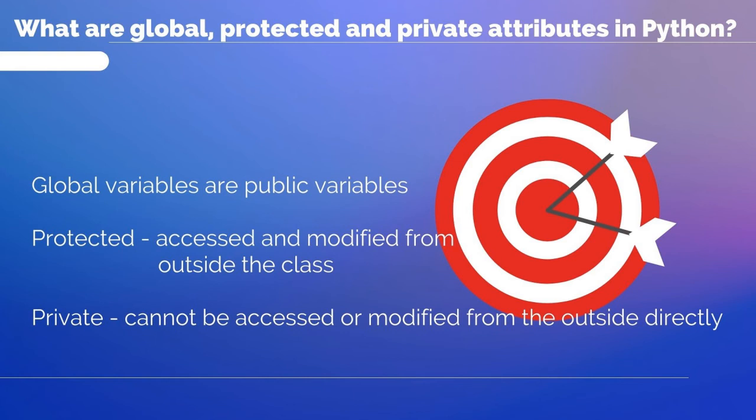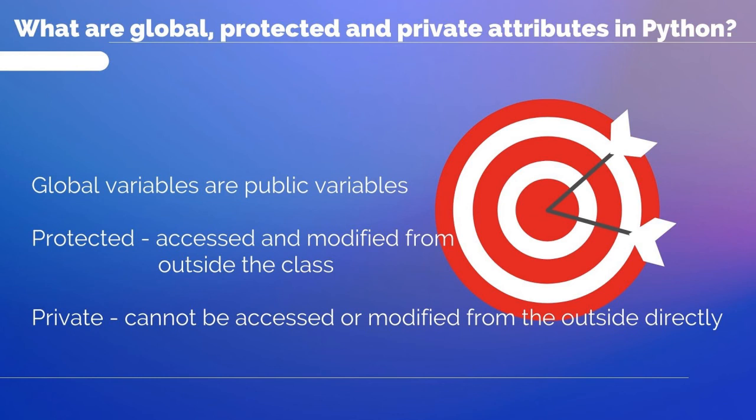What are global, protected and private attributes in Python? Global variables are public variables that are defined in the global scope. To use the variable in the global scope inside a function, we use the global keyword. Protected attributes are attributes defined with an underscore prefix to their identifier, for example, _sara.